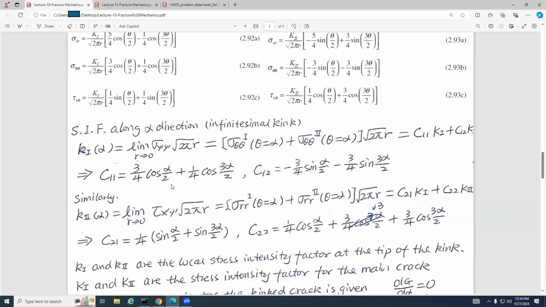What I want you to know is that you just need C11 K1 and C12 K2. C11 is a function of alpha, and C12 is also a function of alpha. Similarly, I can use two equations to calculate k1 alpha and k2 alpha.